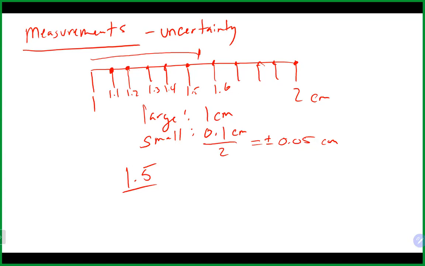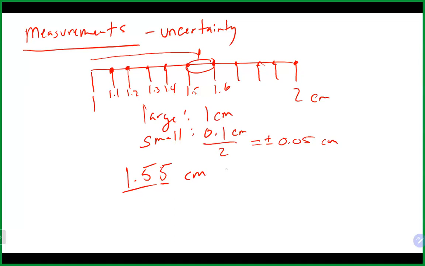You're to imagine in between those markings a nice even distribution of everything. You may look at it and say, I think it's dead on center, or maybe it's not, and you may record a 5, which is sometimes referred to as the first uncertain digit, the estimated digit. And that's really where our uncertainty comes into play here.